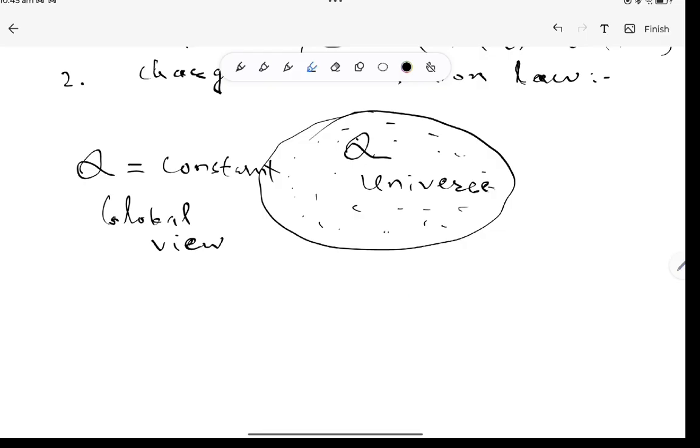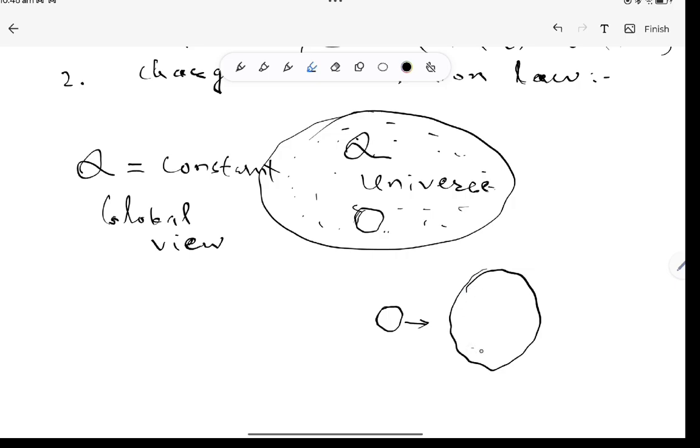Another way of looking at it is to consider a small volume inside this universe. In order to make this view clear, let me enlarge it, magnify it, so that things are quite visible.